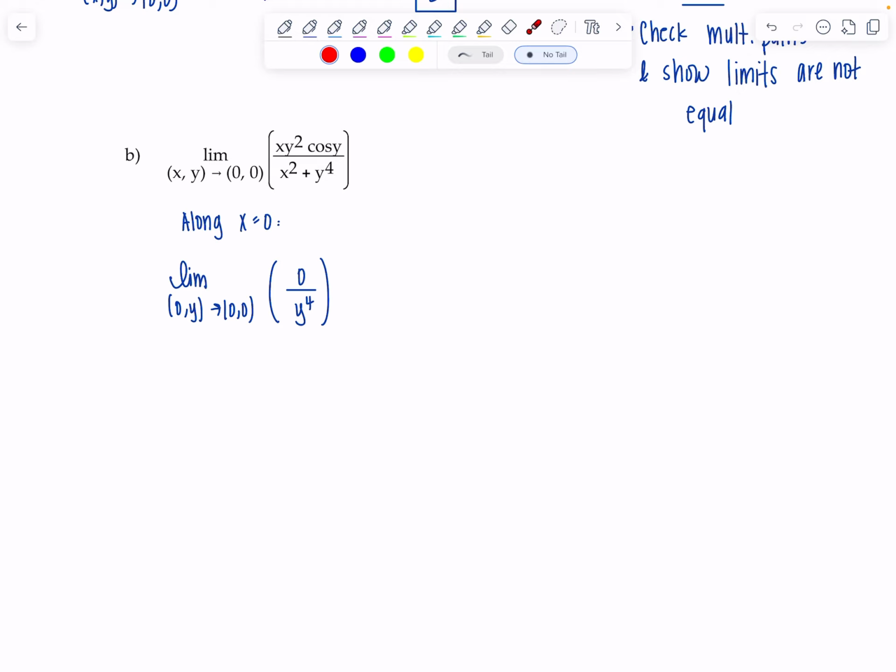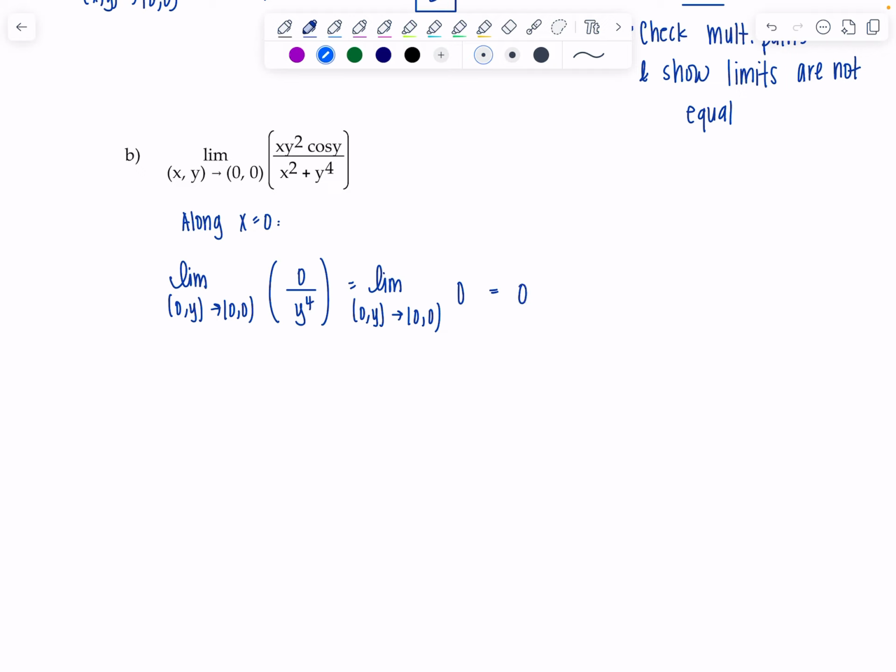In the next step, you're not plugging in y going to 0 because you'd have an indeterminate form. You're ignoring this and you're just simplifying this expression here. 0 over y to the 4th is 0. That's the only thing you're looking at. Not all this out here. Oh, and then as y approaches 0, the limit of a constant is just going to stay 0.